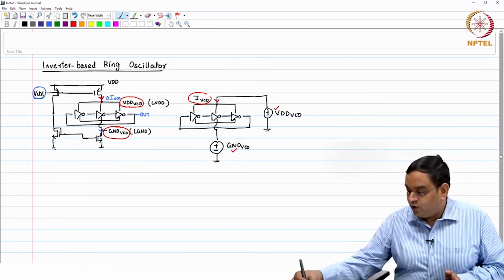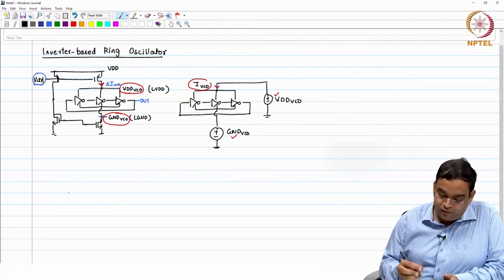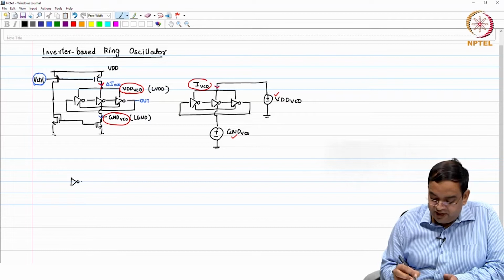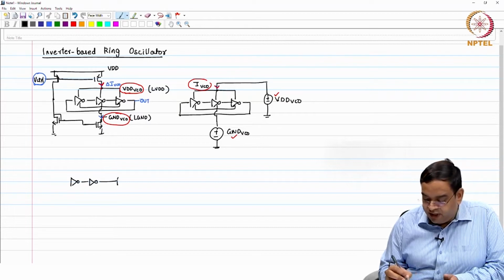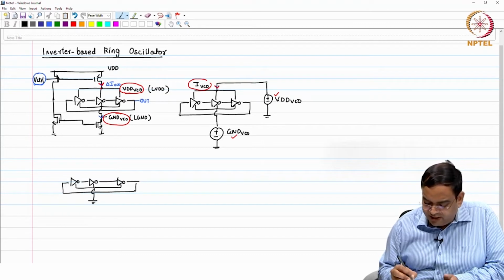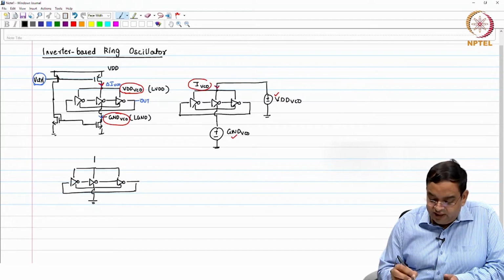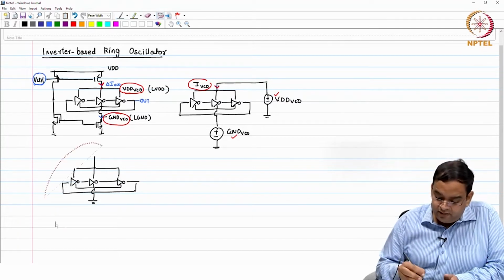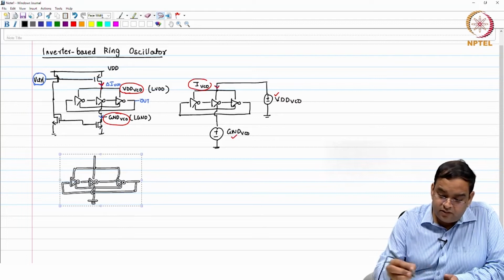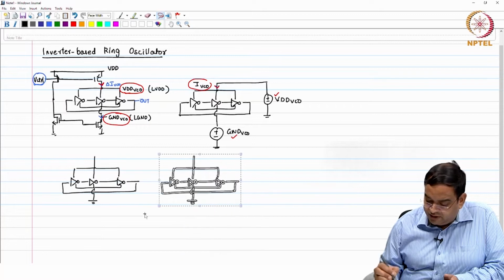So, if you simplify it further, say I have this ring oscillator connected like this, where one of the nodes can be ground or some other potential. I am connecting it to ground for an easy circuit diagram. I take this oscillator and a copy of it.